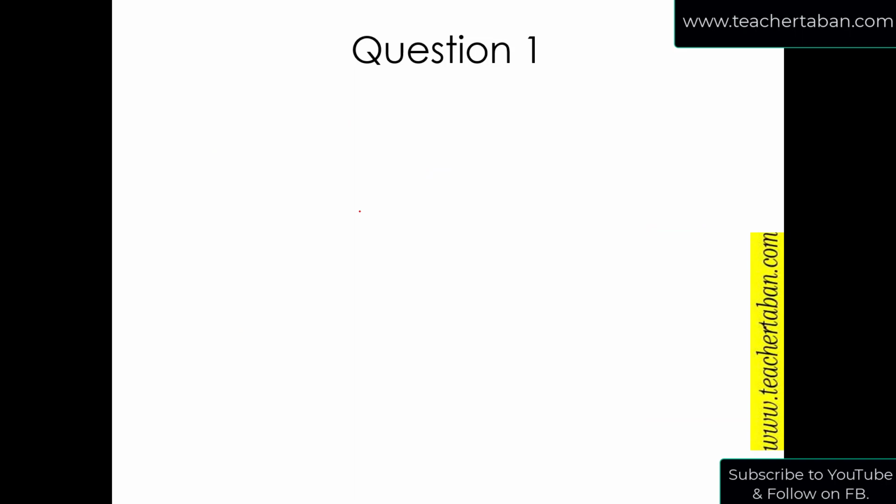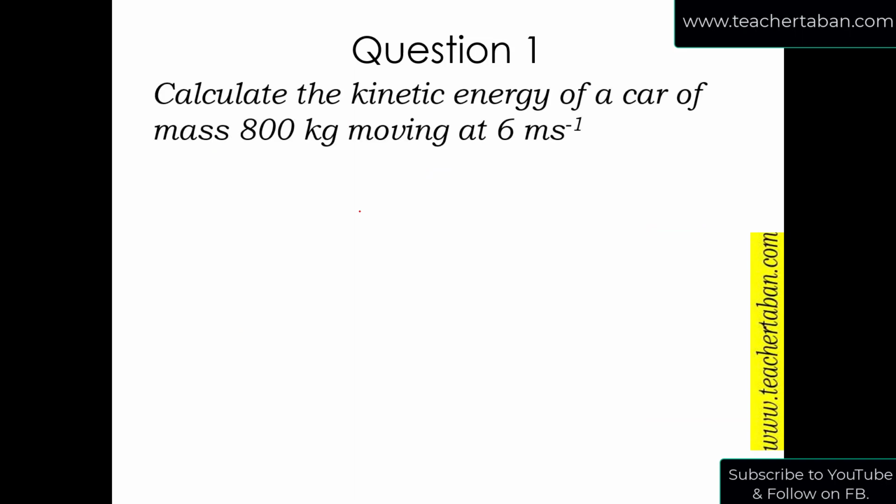Let's try an example. We've been asked to calculate the kinetic energy of a car of mass 800 kilograms moving at 6 meters per second. The first thing to do, whenever you're going to calculate anything, is always summarize the question first. We've been given the mass as 800 kilograms, and the speed as 6 meters per second.